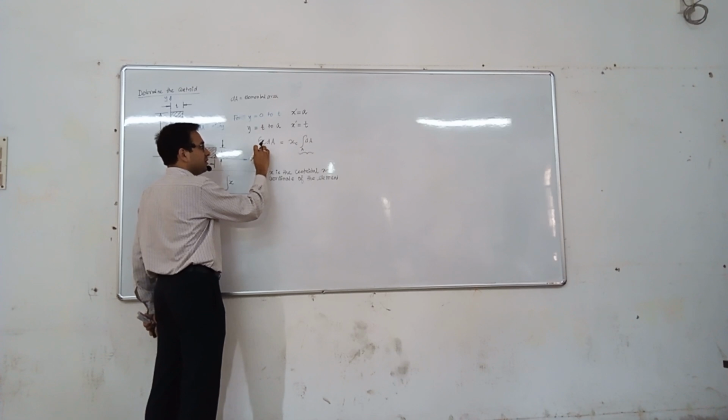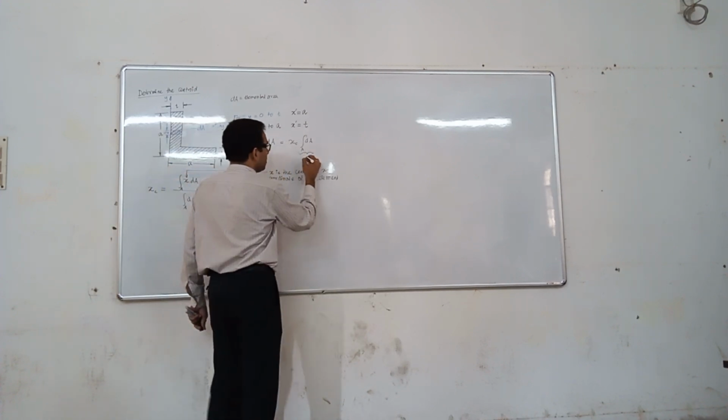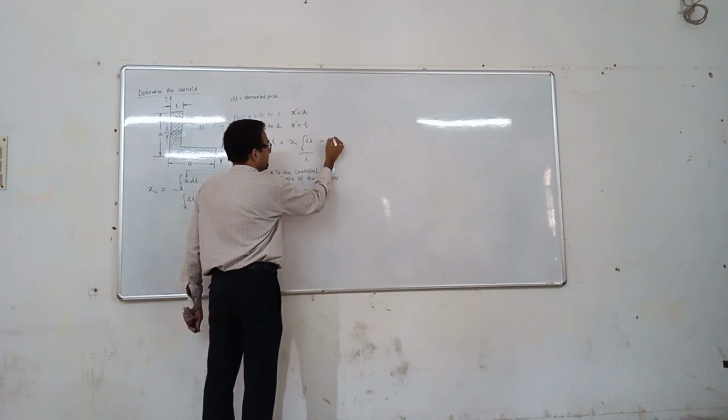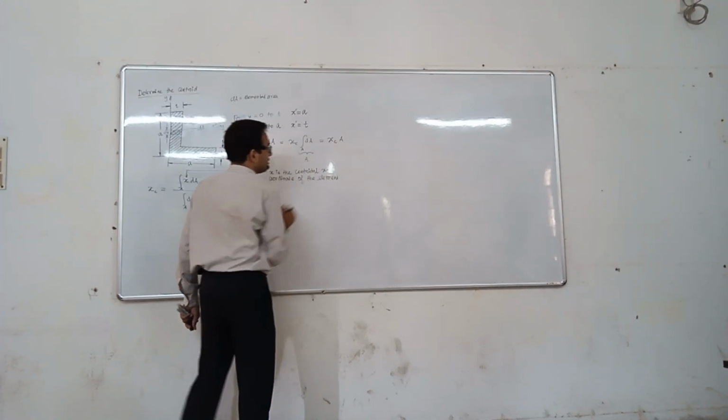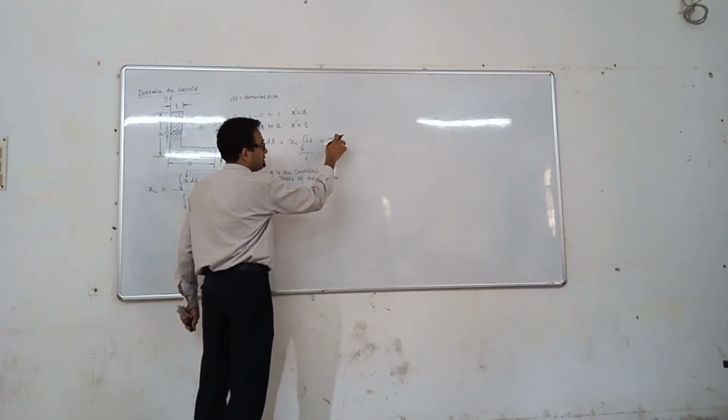This is the centroidal coordinate of this dA. This is the centroidal coordinate of this. This is A basically. So as if this is xc into A. So this is the centroidal coordinate of the small area, and this is the centroidal coordinate of the whole area.